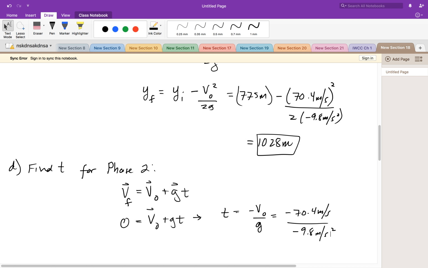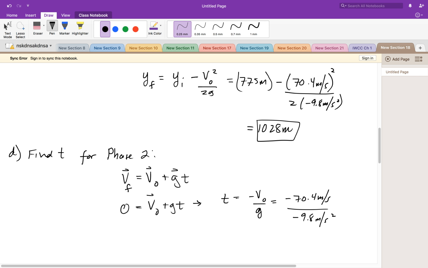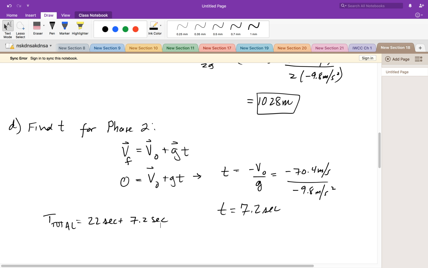That'll be a positive number, as it should be. You shouldn't be getting negative times. So it's about 7.2 seconds. So our total time, T total, right, is 22 seconds, which is phase 1, plus 7.2 seconds, which is phase 2. So that'll give us 29.2 seconds in total.